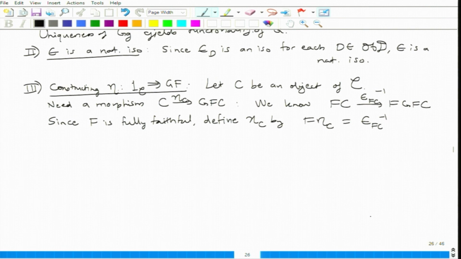Eta C should be an isomorphism, so obviously it should have. Why should it be an isomorphism? Is it not possible that a functor takes some non-isomorphism to an isomorphism?